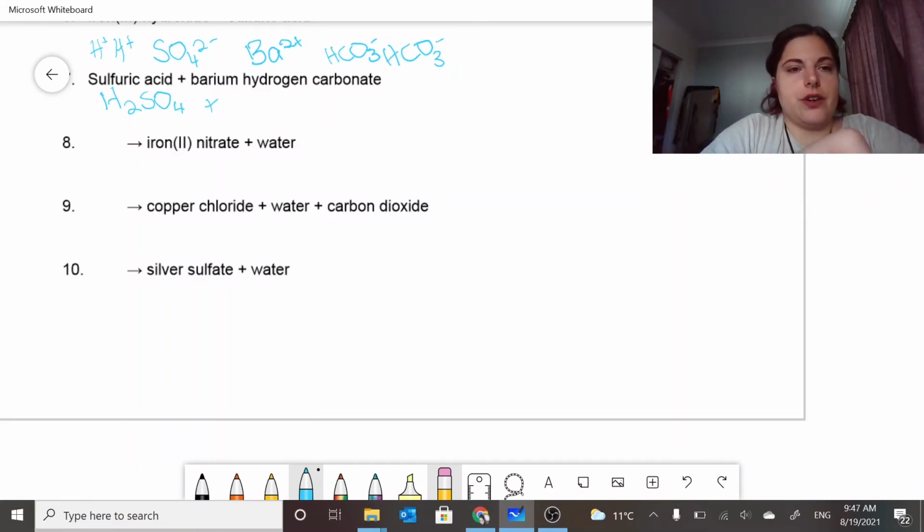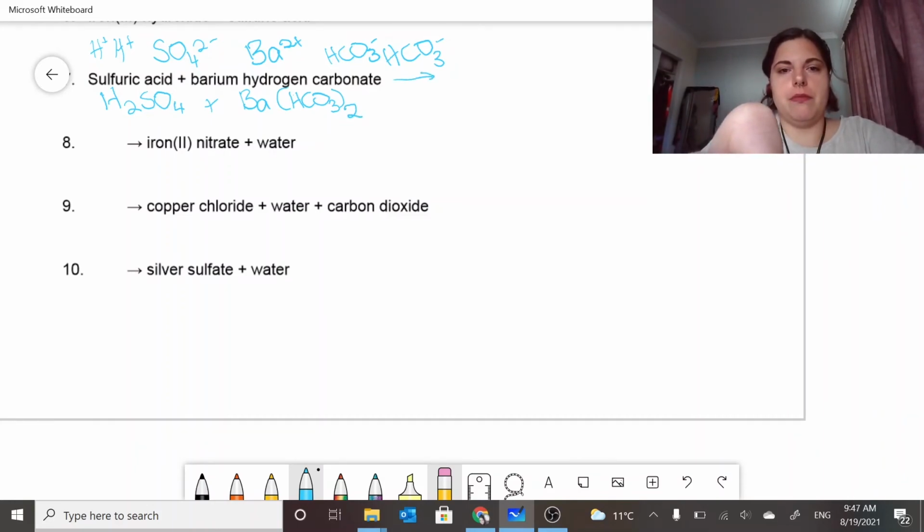And so this is going to give us Ba and then open bracket HCO3 because we're multiplying the amount of hydrogen carbonate ions by 2. Then we draw our arrow in both, symbol and word.